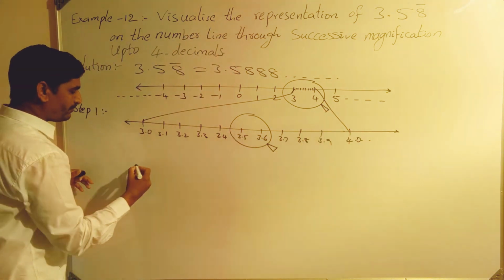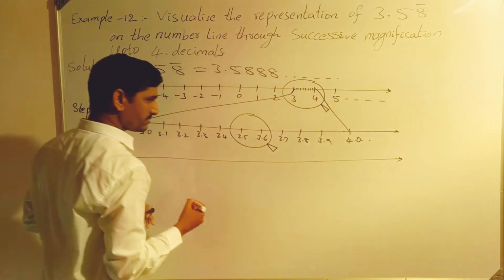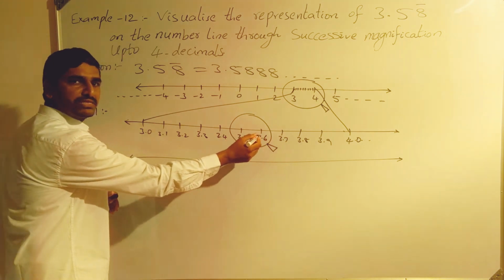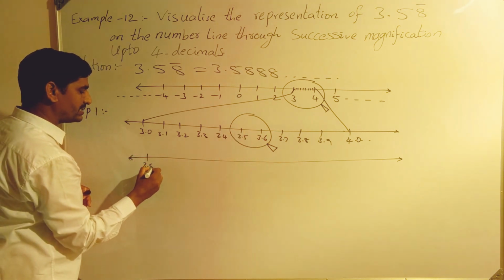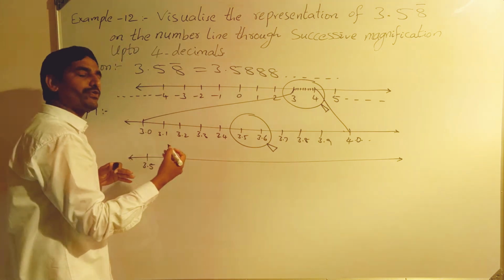Now 3.5 we will get here. This part starts from 3.5 and ends with 3.6. Here we have to consider 3.5 as 3.50.